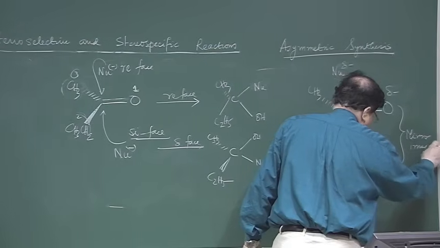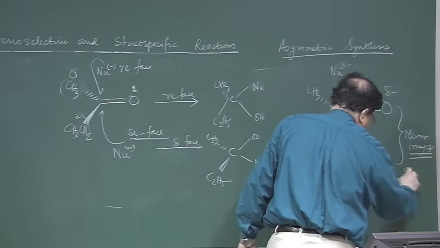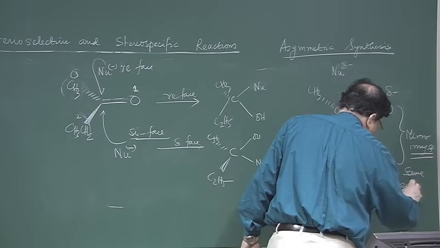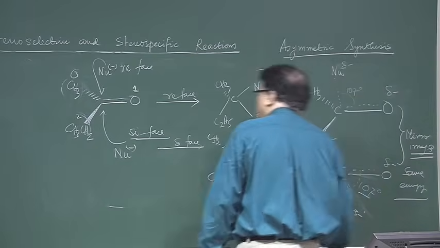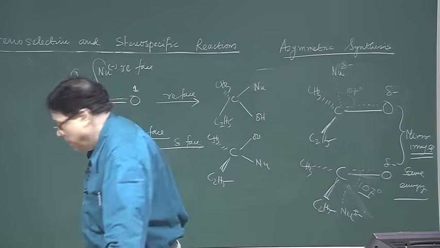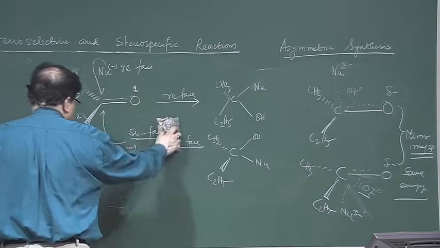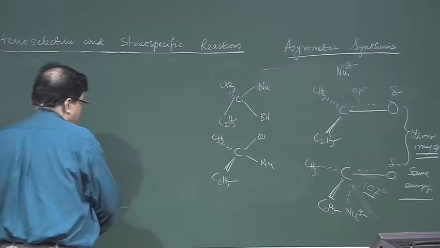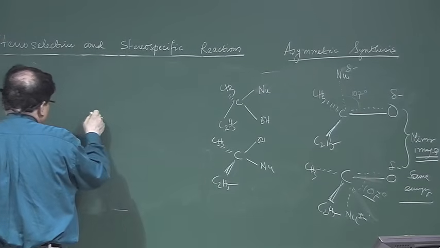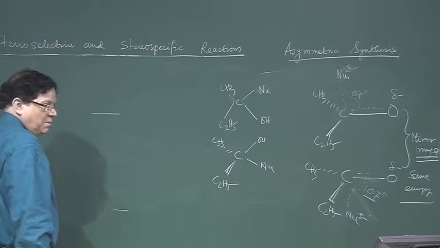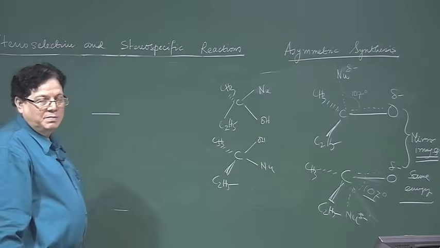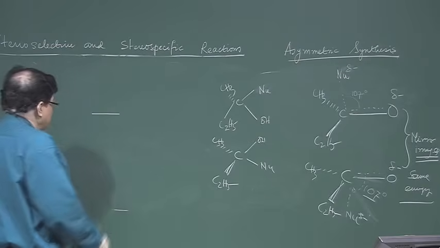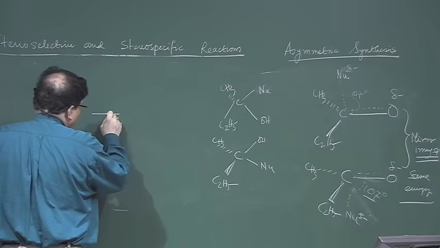So, energetically they are the same, same energy. If you do this type of reaction where the transition states are enantiomeric, that means you start from the carbonyl compound, the ethyl methyl ketone that we have started, and you get two products.